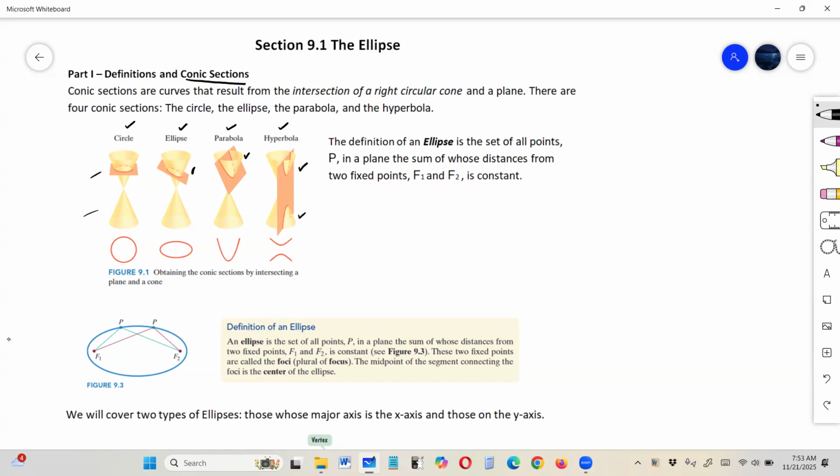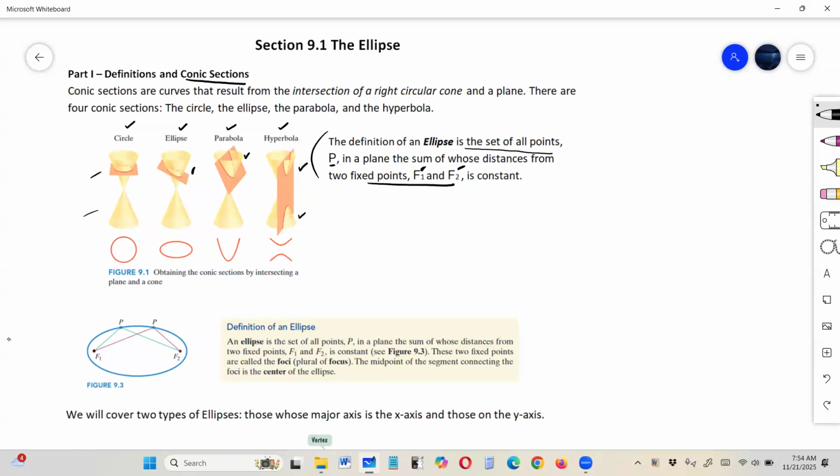In this video, we're going to cover the ellipse and the definition of the ellipse. The picture you see down here is a set of points we call P in a plane where the sum of the distance from the two fixed points that we call foci, focus 1 and focus 2, is constant. Okay, I know the definition is a little weird, but maybe graphically it's a little easier to understand.